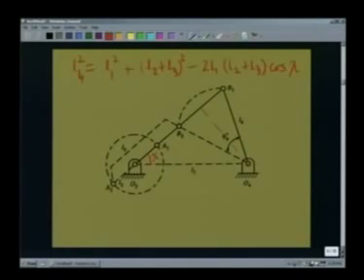O4, B1, B2 is an isosceles triangle because the length O4B1 is always equal to O4B2. So, this perpendicular bisector meets B1B2 at the midpoint. Let me call this point D. We can easily see that B1B2 is O2B1 minus O2B2.